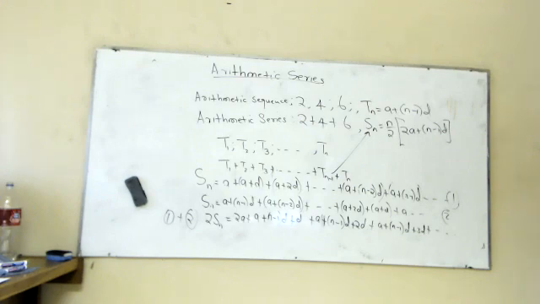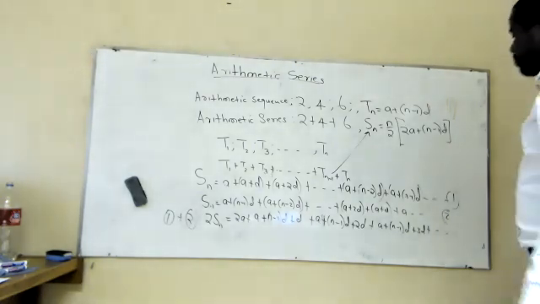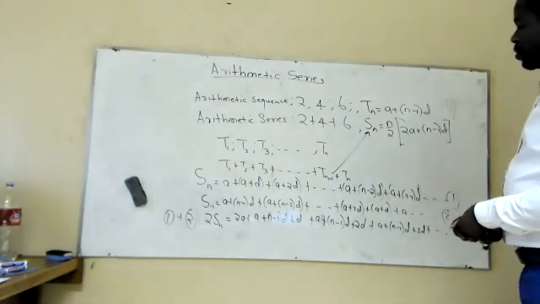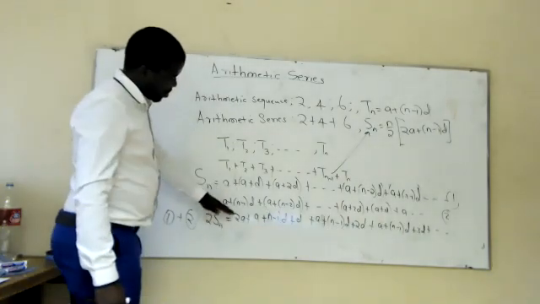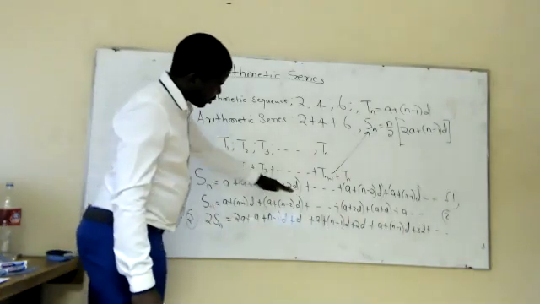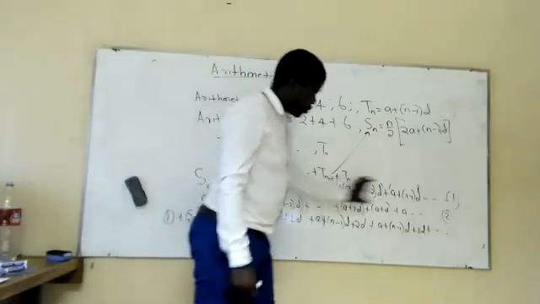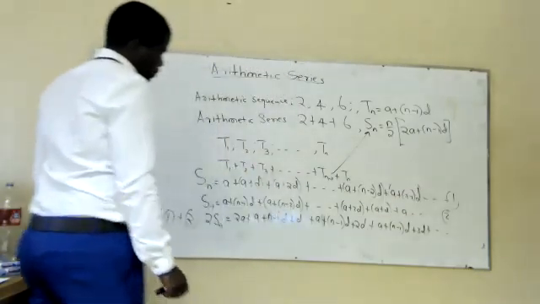What are going to be the last terms here? We are adding this with that, this with that, this with that. So what do you get as the final expression there?